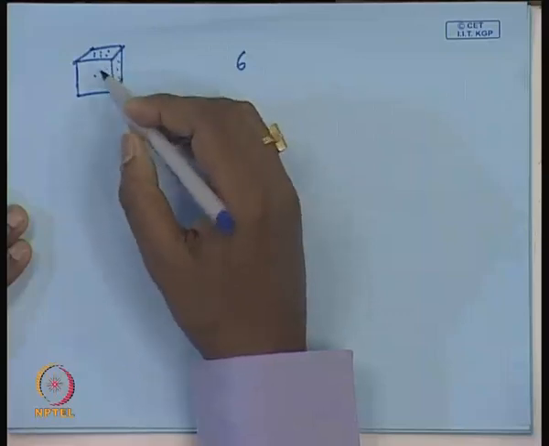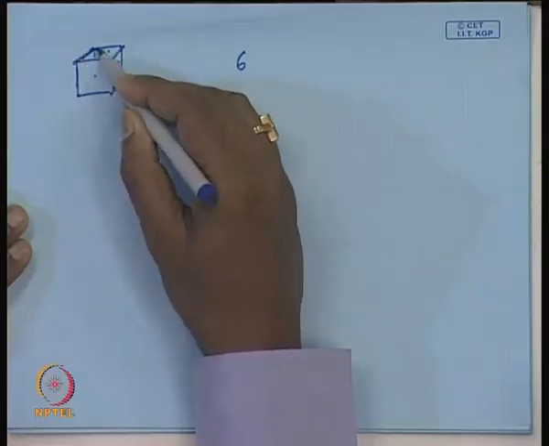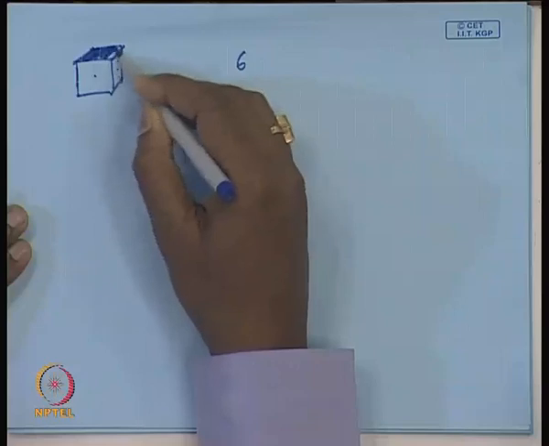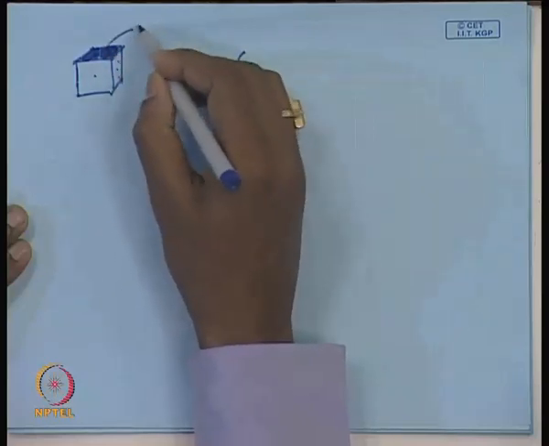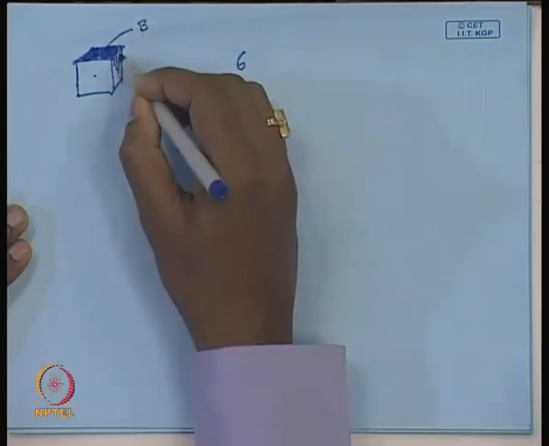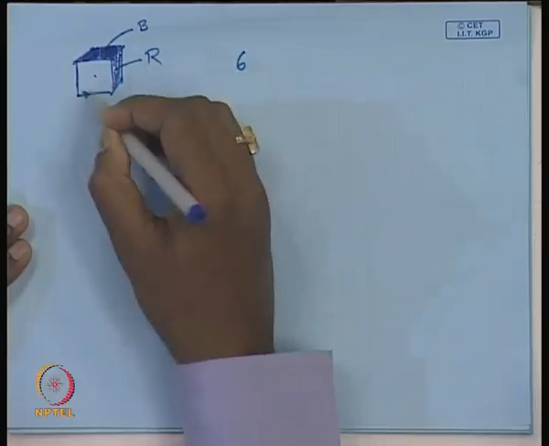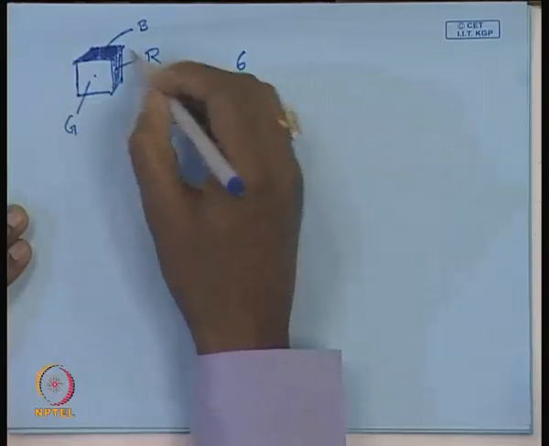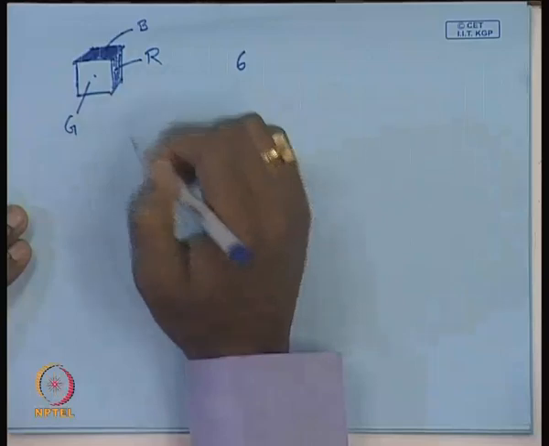know. Suppose that instead of having this kind of dice, I have a dice with different colors. Suppose this side is blue, this side is red, this side is green, and similarly 6 different faces have 6 different colors.